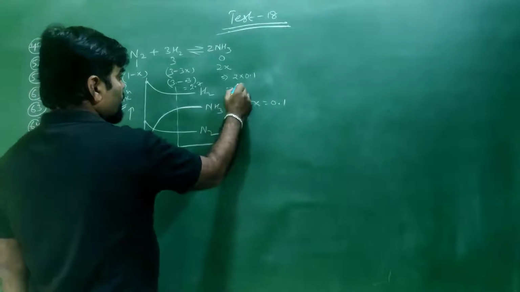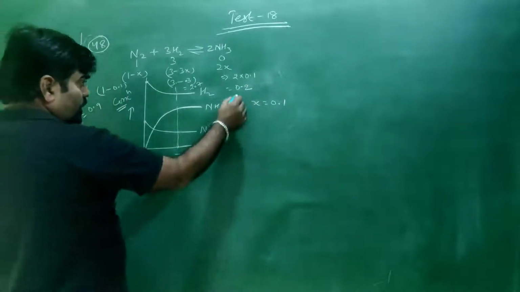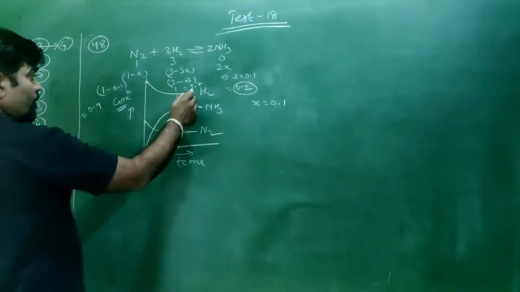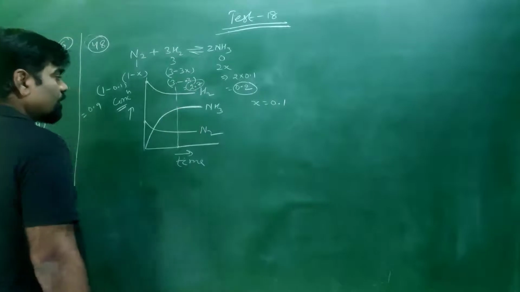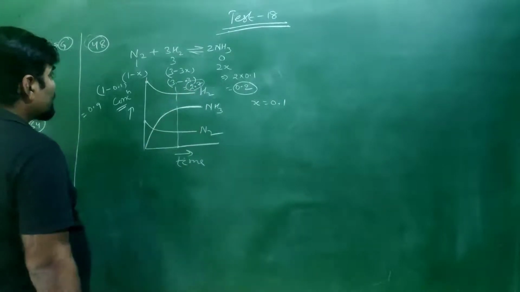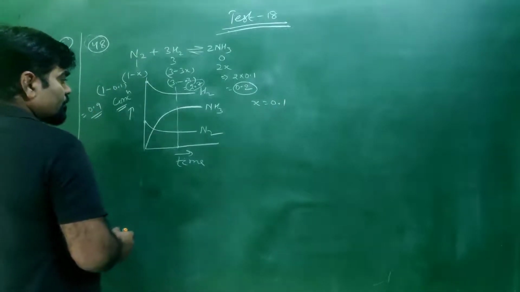This is 0.2. Now see, at equilibrium the concentration of ammonia is 0.2, the concentration of hydrogen is 2.7, and the concentration of nitrogen is 0.9.